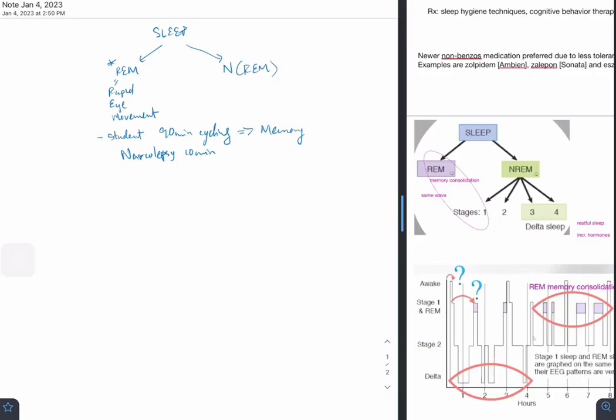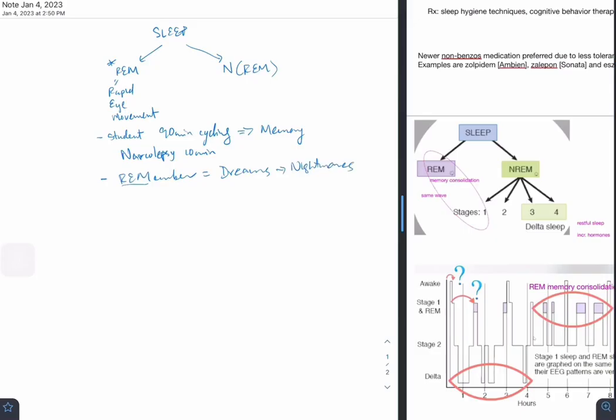REM sleep is very special. Your eyes are moving very fast. REM sleep is special because you remember. That means you would have dreams. These dreams could be lovely or not. And if you do wake up while you are in REM, you remember, and it turns into nightmares.